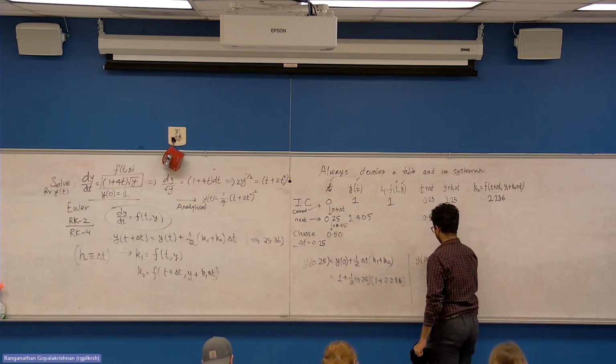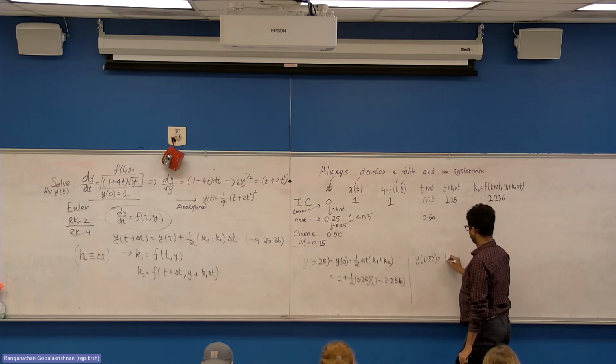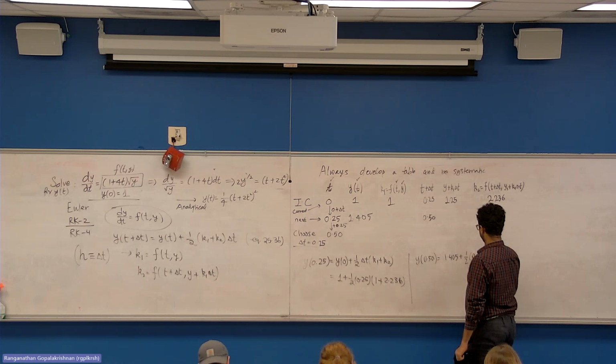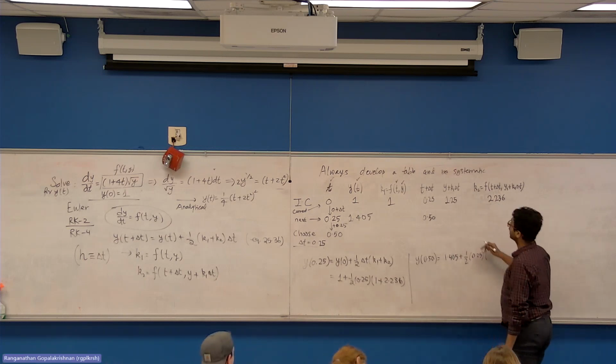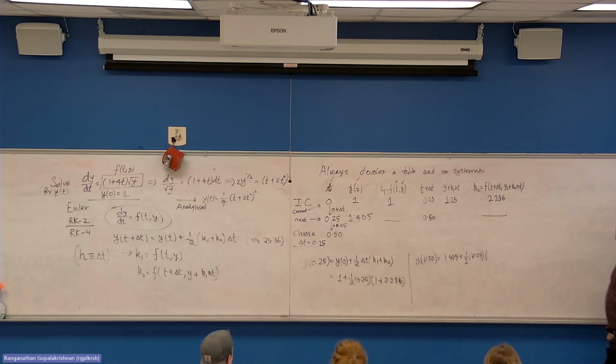Y of 0.50 equal to Y of 0.25, which is 1.405, plus half times 0.25 times K1 and K2. So you have to tell me what is K1 and K2.